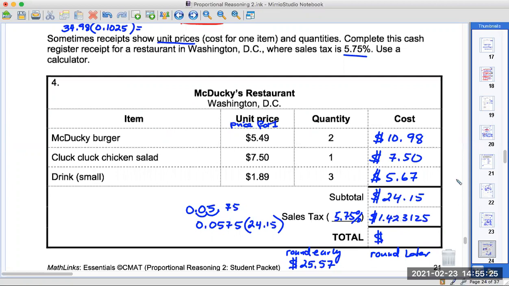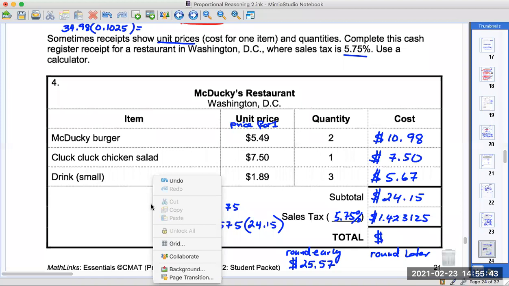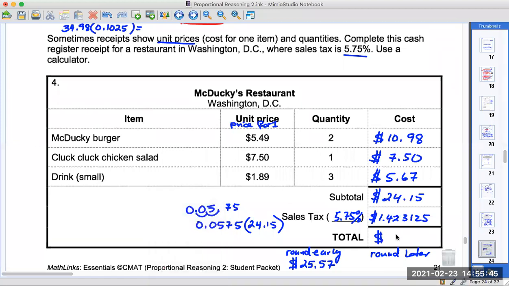And now add these plus 1.423125. Nope, it doesn't make any difference, but it could in some instances.